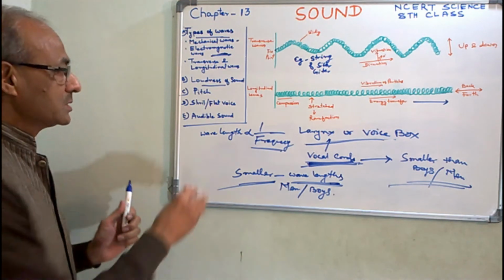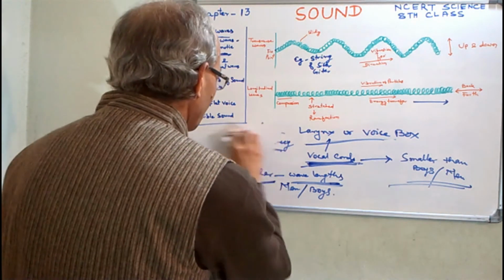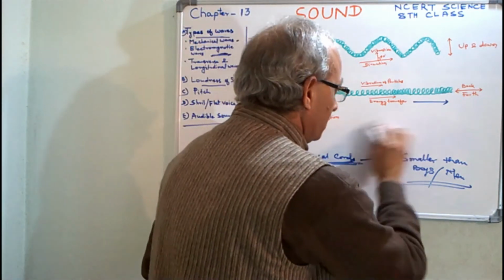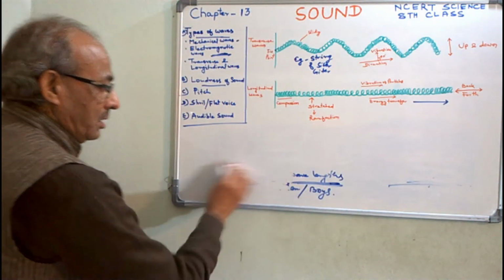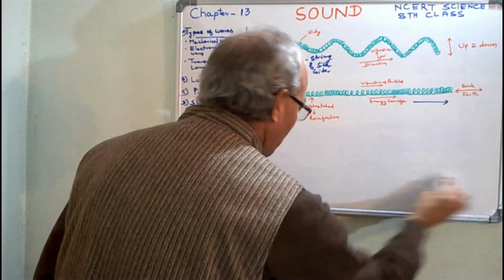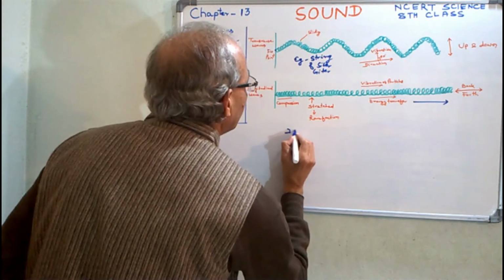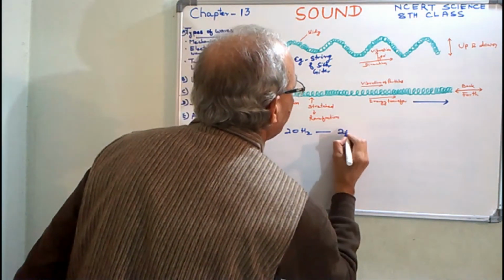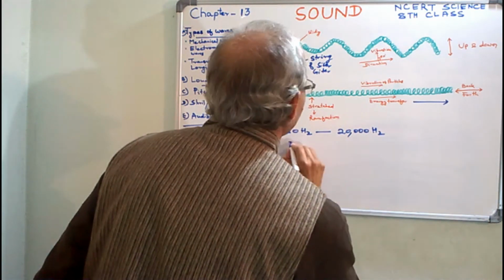Now we will understand the audible range of the sound for the human ear. The audible range of the sound for the human ear is between 20 Hertz to 20,000 Hertz frequency.